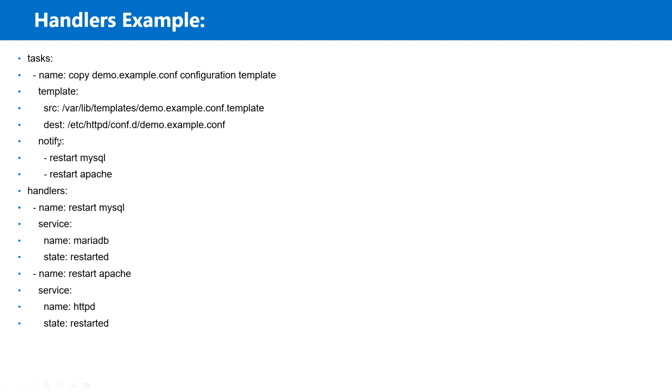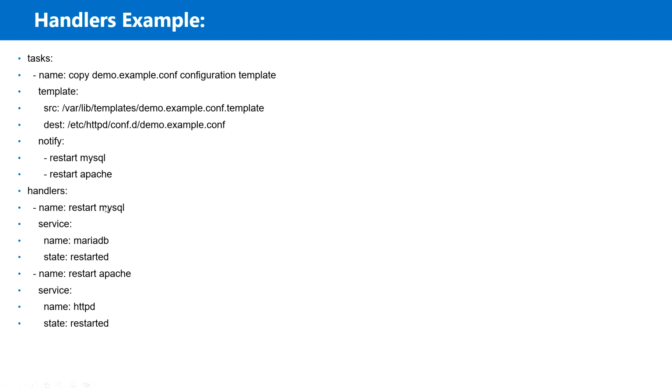This notify statement indicates the task needs to trigger a handler, and we specify the name of the handler to run. Then we use the handlers keyword, which marks the start of the handler tasks.